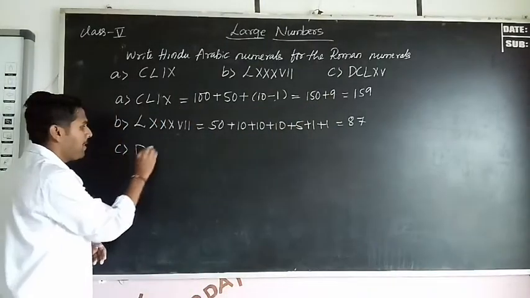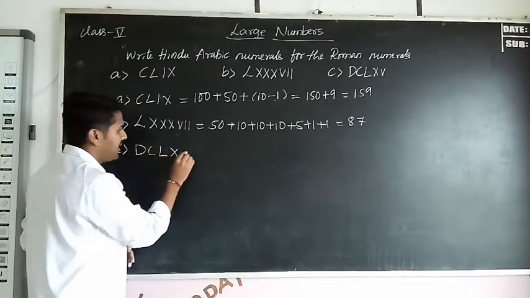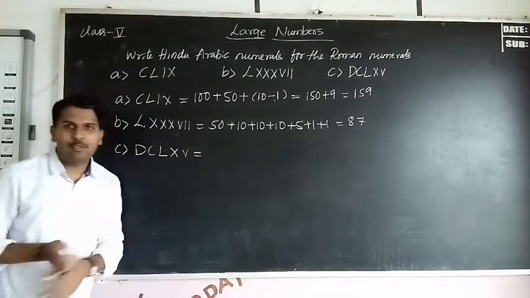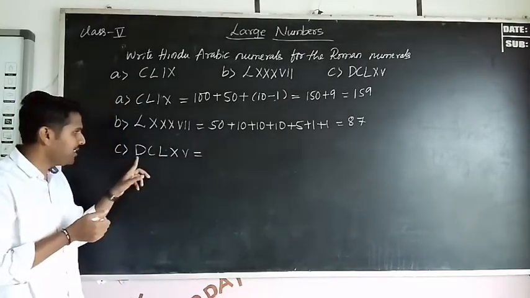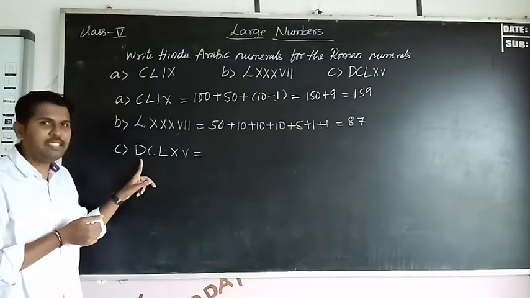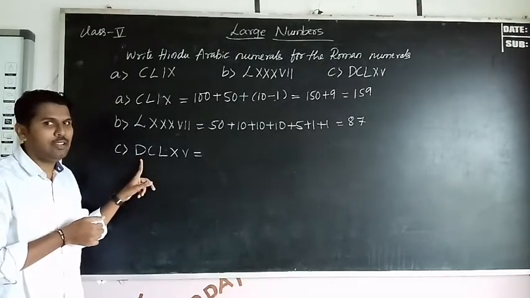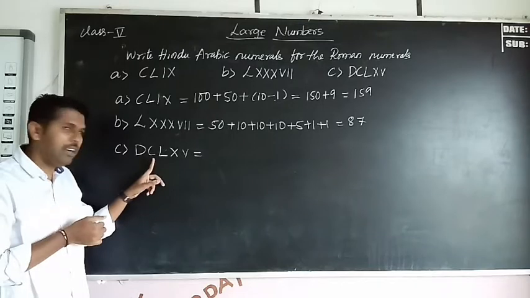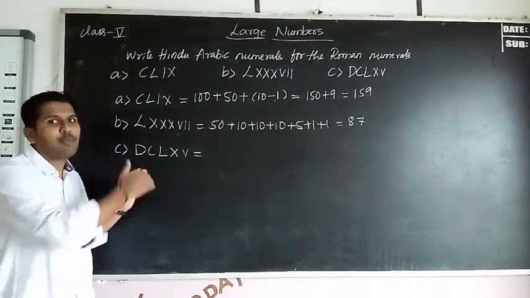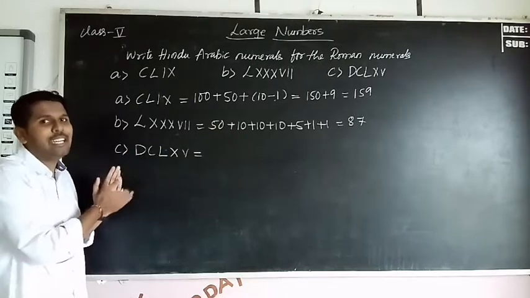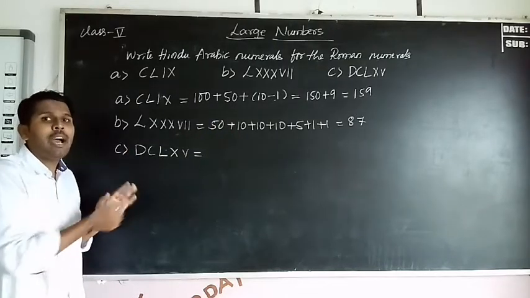So next, D C L X V. So here letters are decreasing, no? Decreasing means greater values come first. What is the value of D? D means 500, no? 500, 100, 50, 10, 5. That means smaller values are placed after the greater values. That means you have to add the numerals.